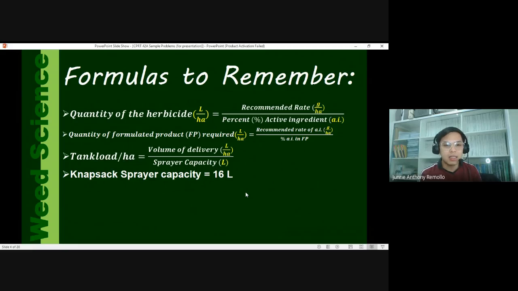And then the tank loads per hectare, which can be obtained by the volume of delivery divided by the sprayer capacity. And we need to remember that the capacity of a typical knapsack sprayer is 16 liters. Though there are some varieties of knapsack sprayer which contain more than 16 liters, for instructional purposes, we will use 16 liters.